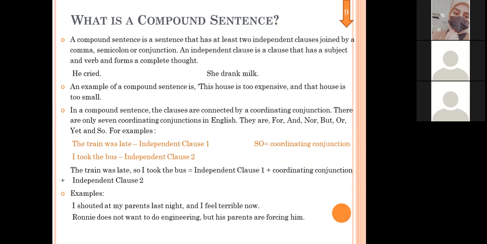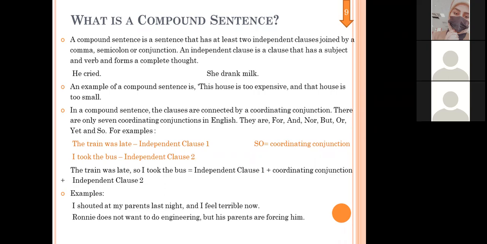Example, I shouted at my parents last night and I feel terrible now. In this, I shouted at my parents last night, as well as I feel terrible now, are two independent clauses which are combined with the help of the coordinating conjunction.